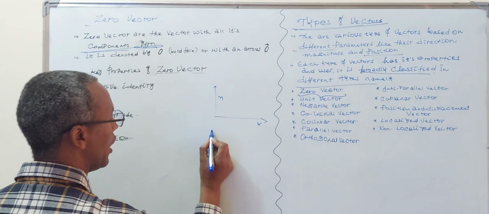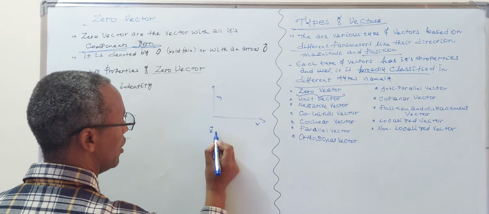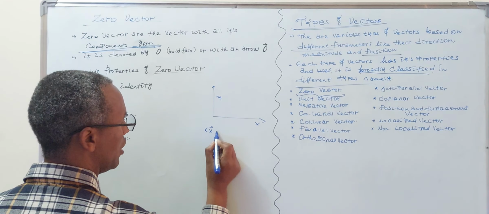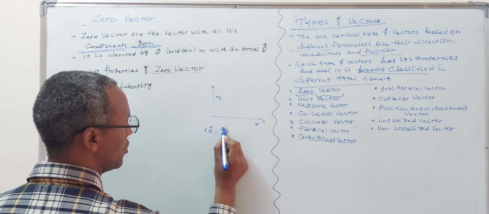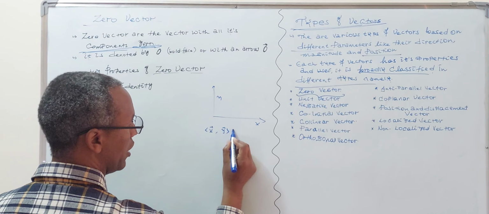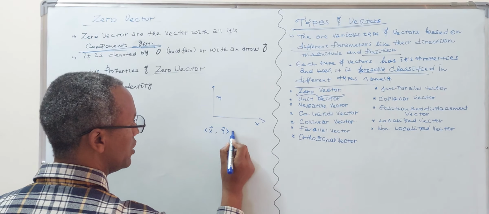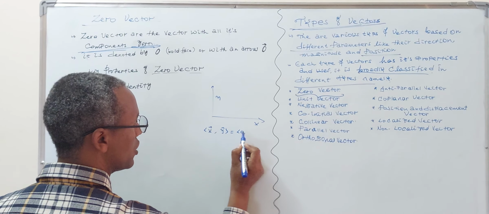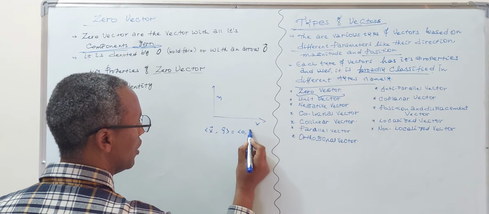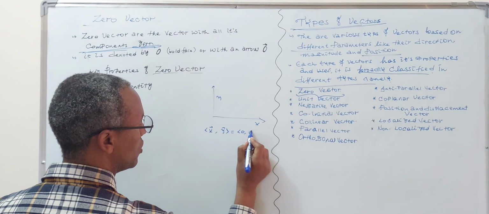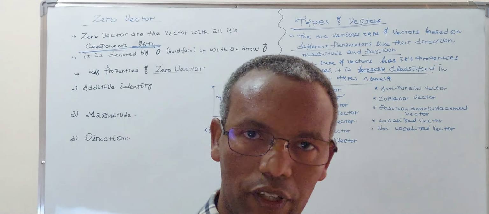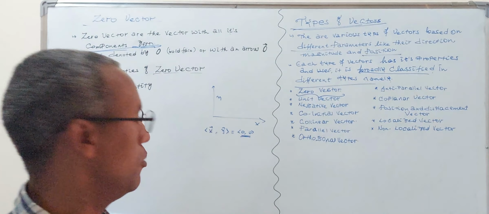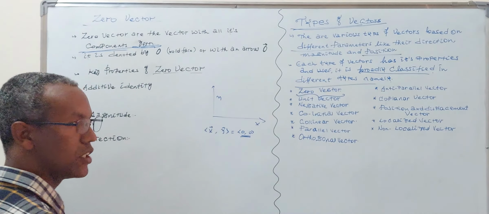If we write the vector as x comma y, then x is equal to 0 and y is equal to 0. This is called a zero vector. We will see an example later on.